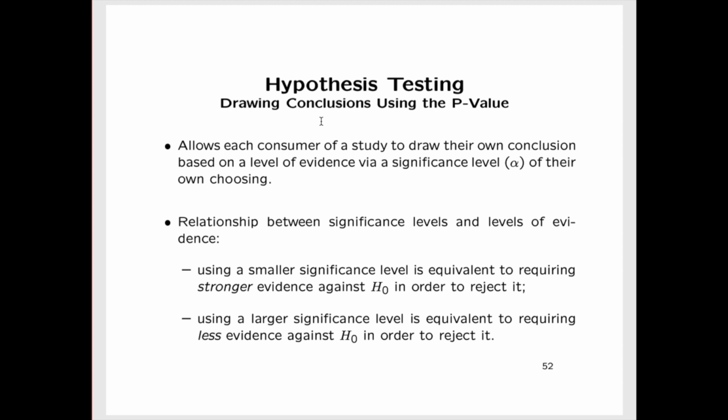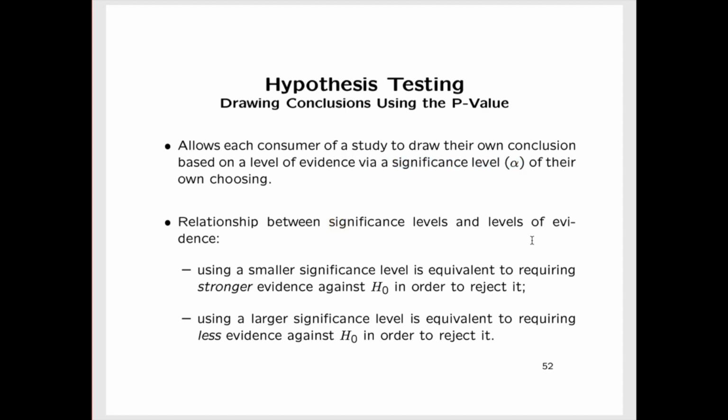It's equivalent to using the test statistic and critical point, or critical region method, but the use of p-values allows each consumer or reader of a study to draw their own conclusion based on a level of evidence via a significance level alpha of their own choosing. So it allows people to use their own level of significance that they choose to use in evaluating a research study, and that level of evidence is contained within the significance level.